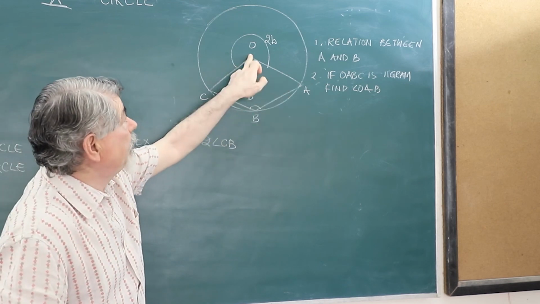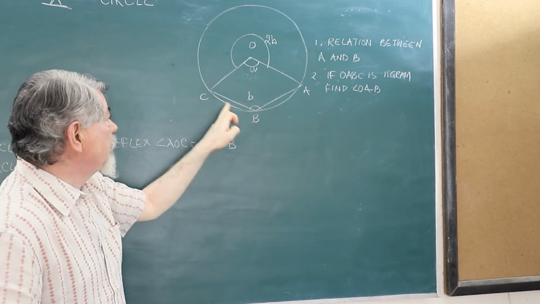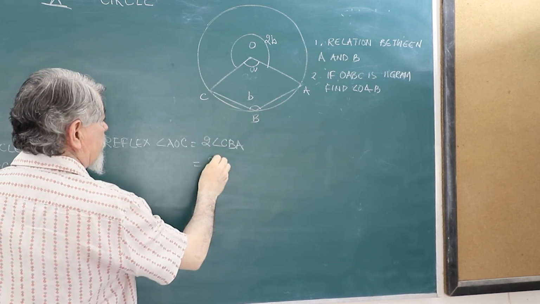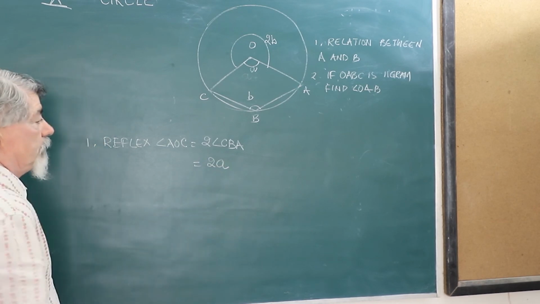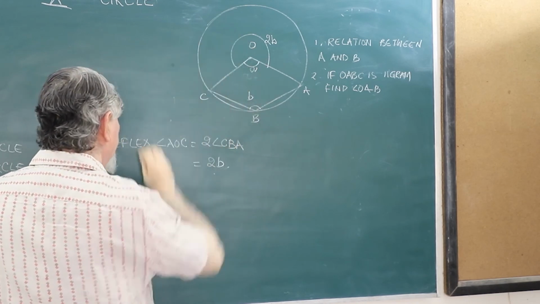Reflex angle AOC should be double of angle ABC or CBA, which is 2B.